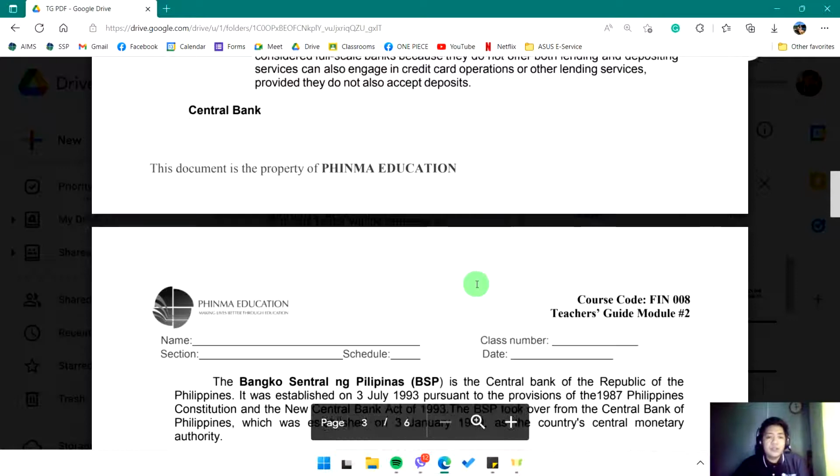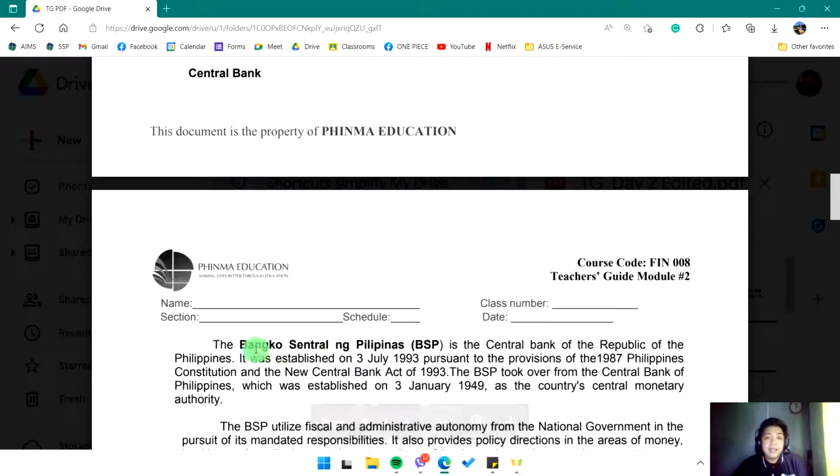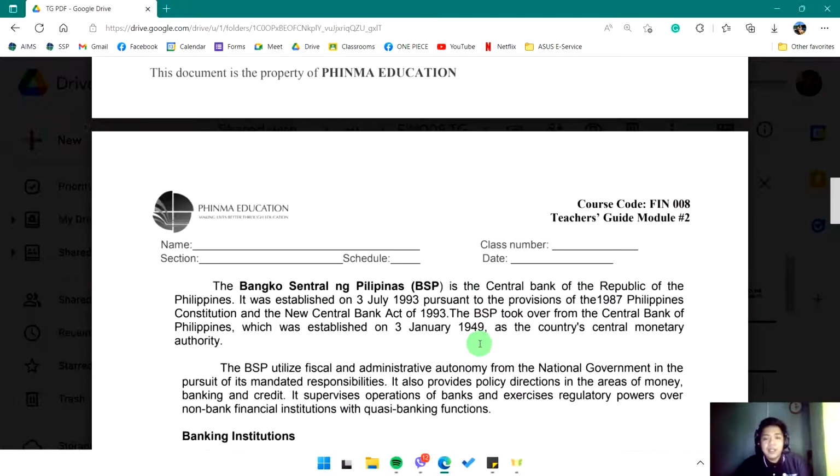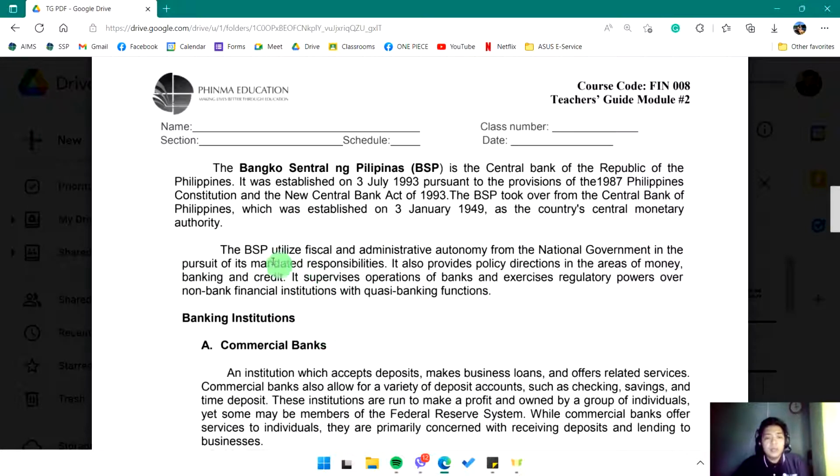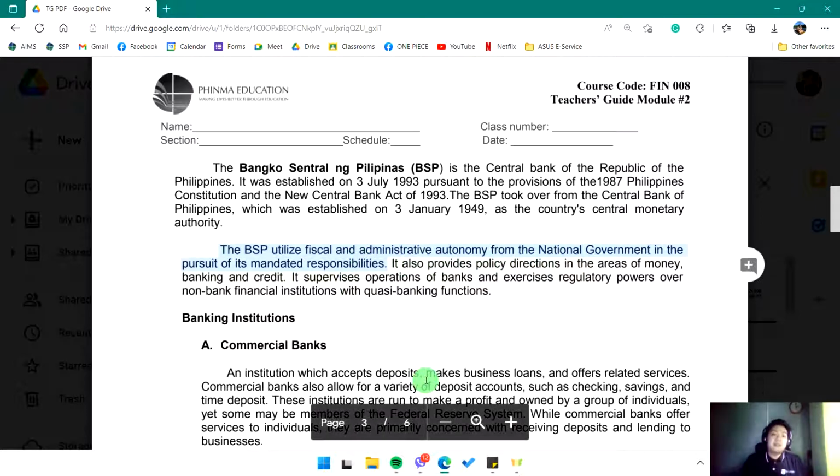Now, let's move forward to the Bangko Sentral ng Pilipinas, or what we call BSP. It is the central bank of our country. And the short history, you can read it here if you want. Pero what I want to put emphasis on in this definition is this: BSP utilizes fiscal and administrative autonomy from the national government in the pursuit of its mandated responsibilities.